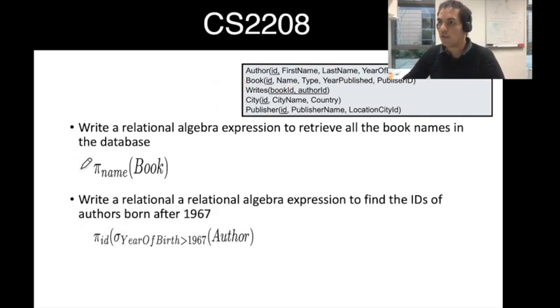The second question, in this question we want to get the ID of the authors born after some given year. Basically now what we have to look, remember something important, I've been saying this a number of times. Look at the question, carefully read the questions, and then focus only on the relations that you need. Okay.